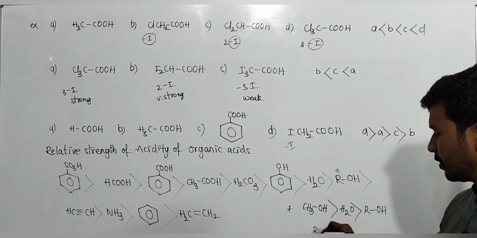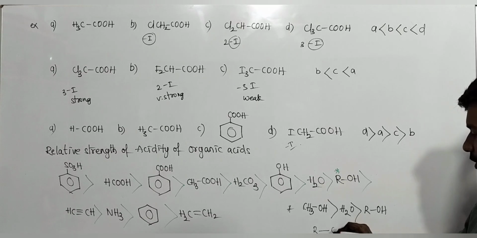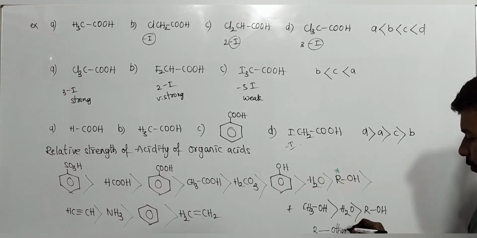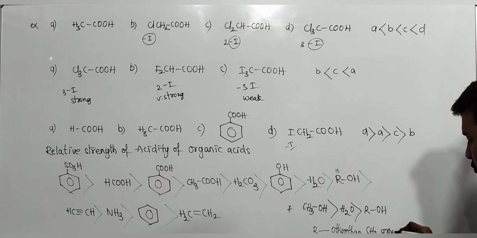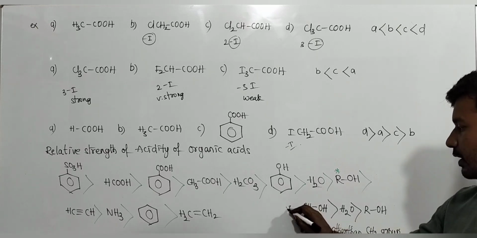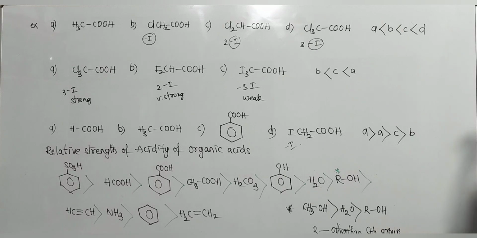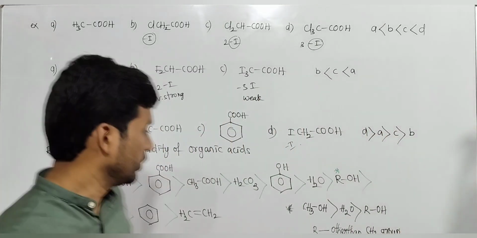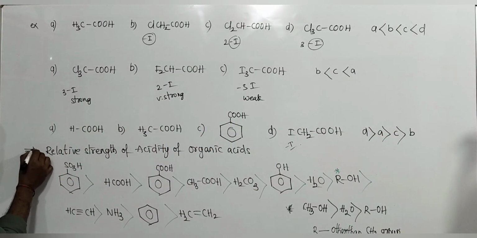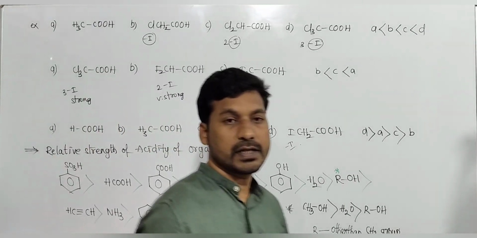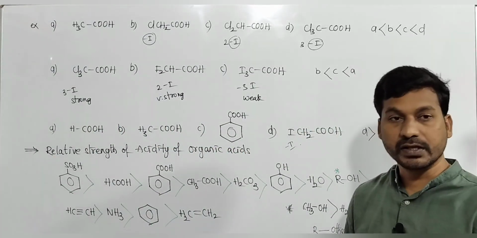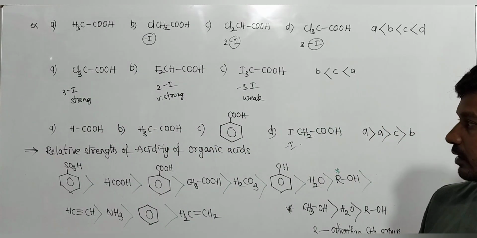What is R here? R is other than the methyl group, other than the CH3 group. Note this one. So this is the order we need to remember. Comparison of acidity of organic acids is important in competitive exams. Okay, right.